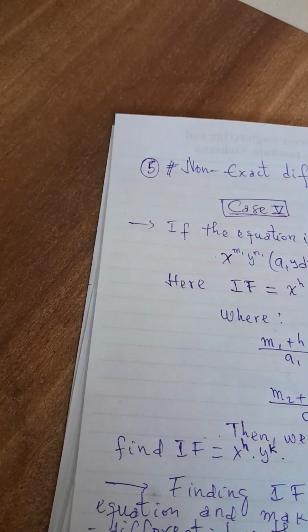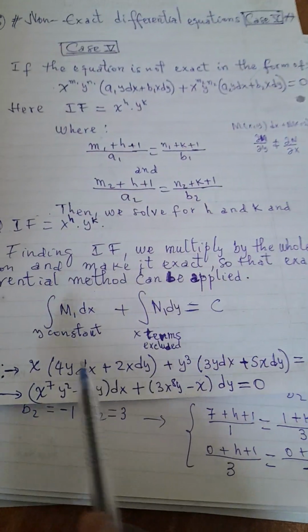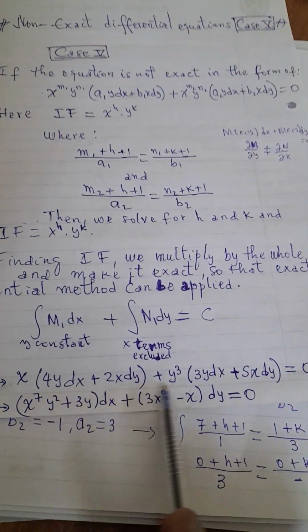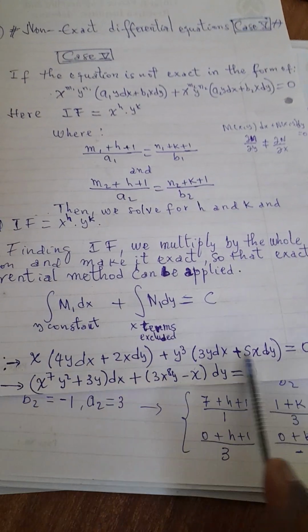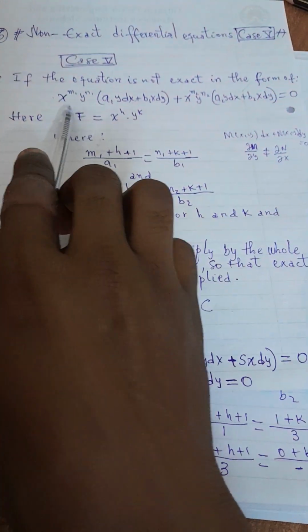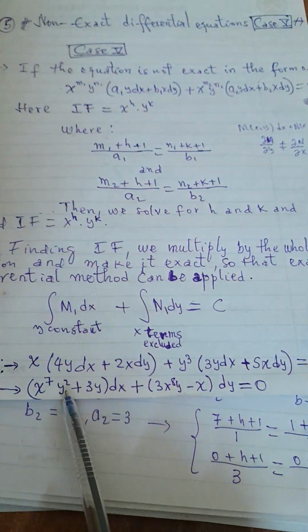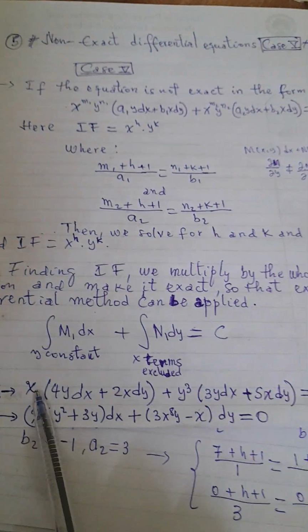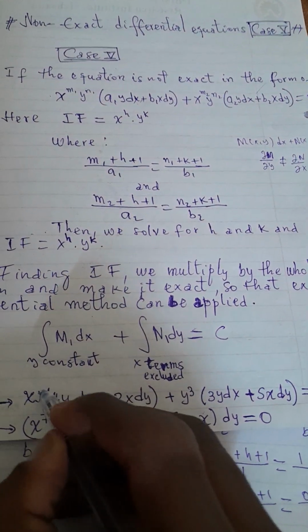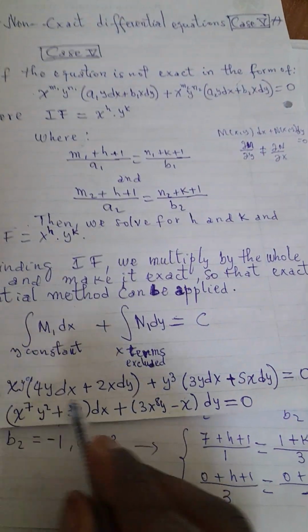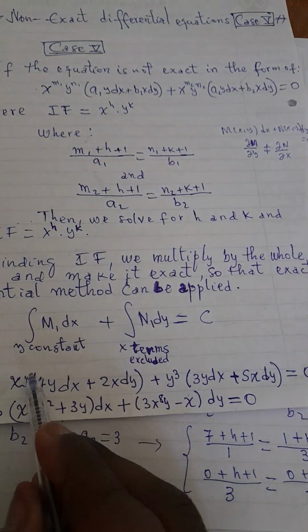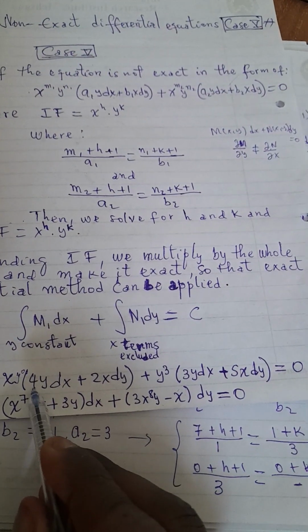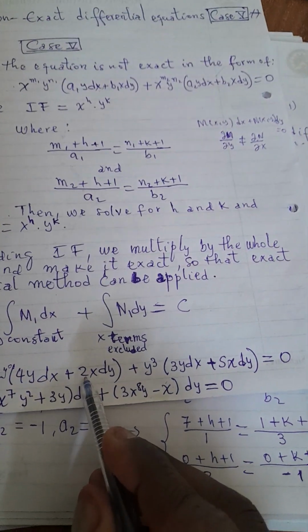Yes, suppose in this equation here, the function is already given in this form. They give you x, and here y will be y raised to 0. So then you can just find what is m1, what is n1, what is a1, what is b1.